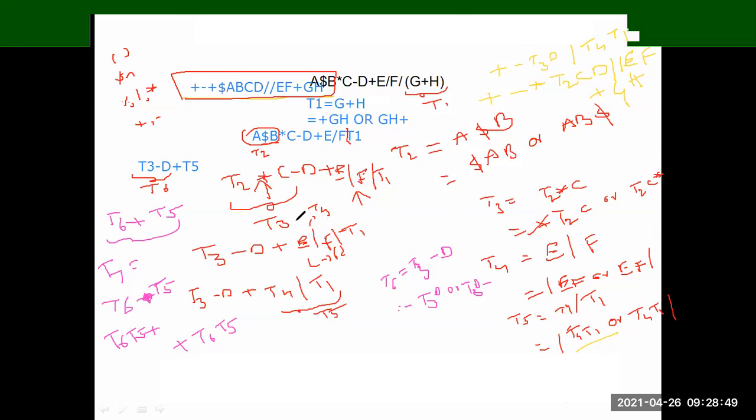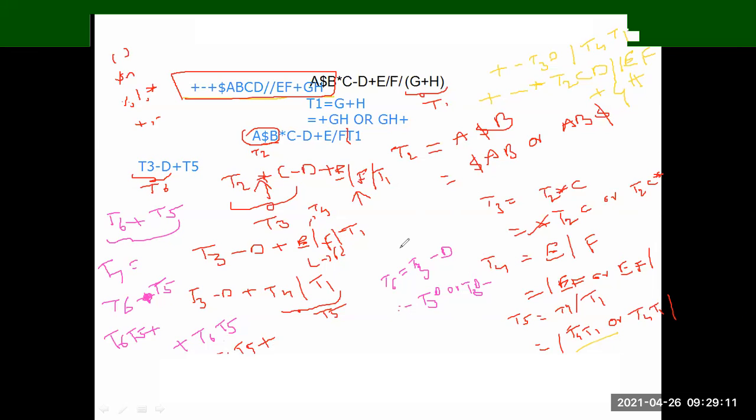Okay, next you convert this infix to the postfix expression by replacing in the same way: plus T6 T5. You write T6 T5 plus, then you substitute the T6 value, T3D minus.